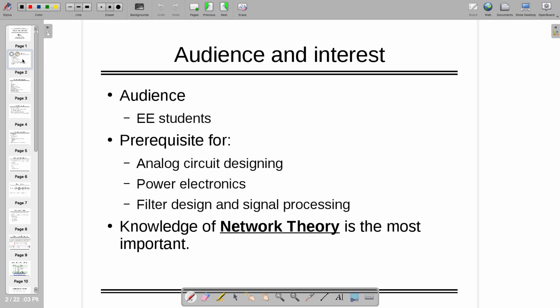This course is basically for EE students. You can also say it's for electronics engineering, or for somebody in instrumentation.